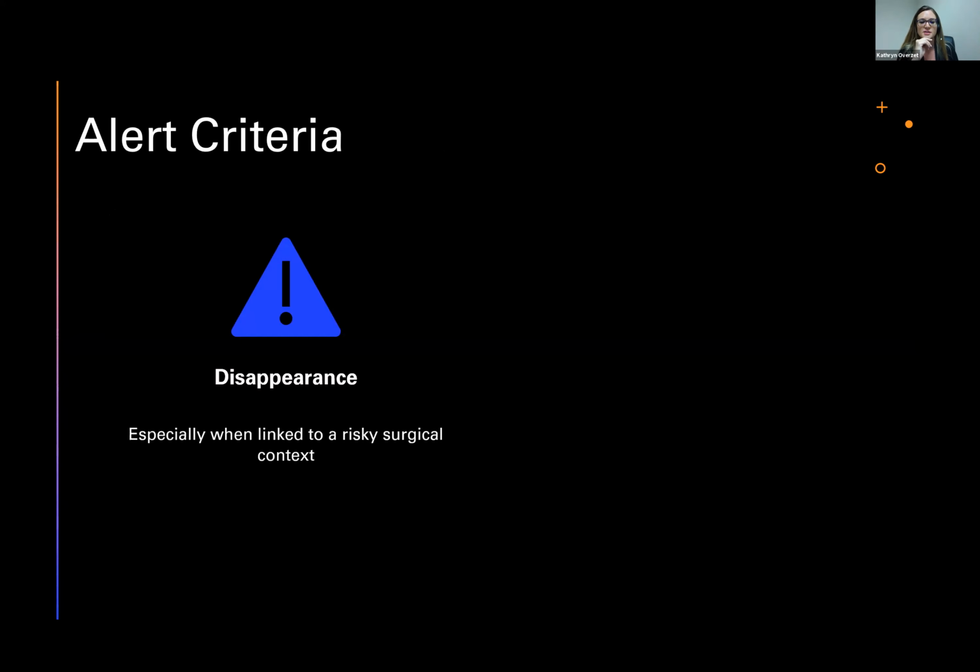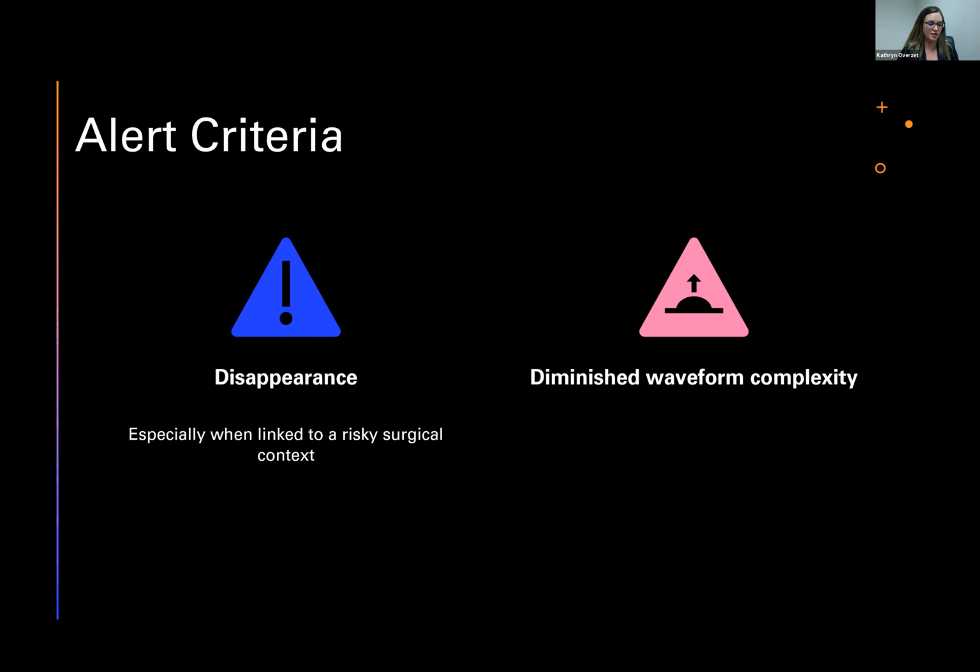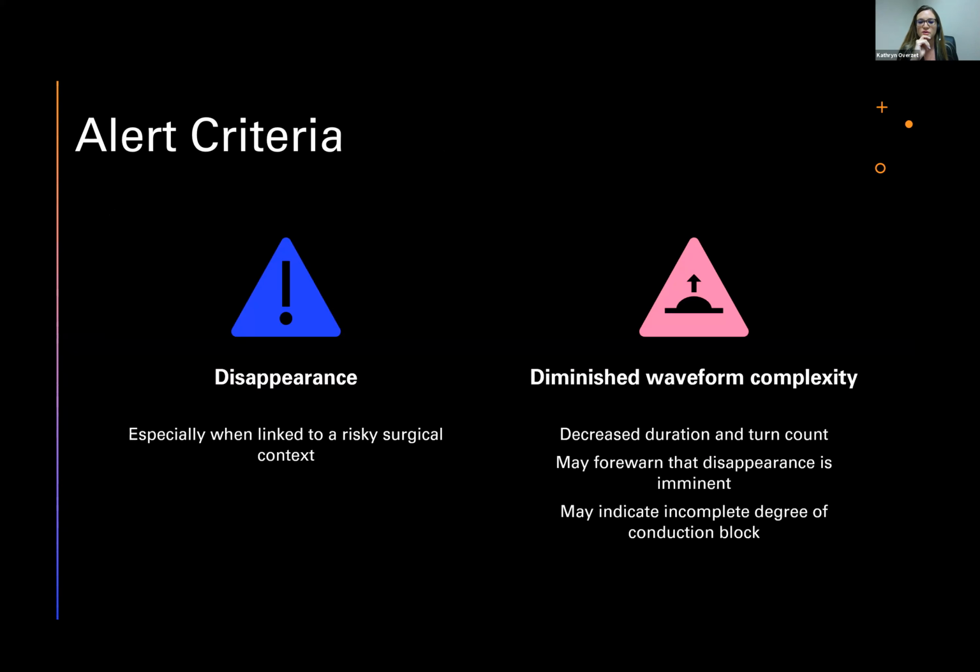So alert criteria, of course, disappearance, complete disappearance, especially when it's linked to a risky surgical context. And then how we were talking about the number of neurons fired correlates with the complexity of the waveform. If your waveform starts diminishing in complexity, as in the duration or the turn count, this could be a forewarning that a disappearance is imminent, or it could indicate that there's an incomplete degree of conduction block.